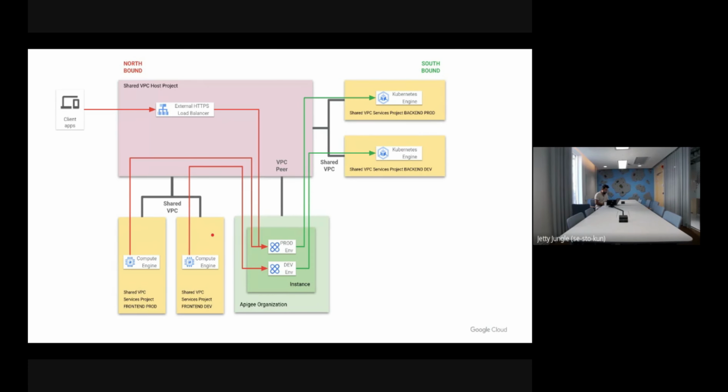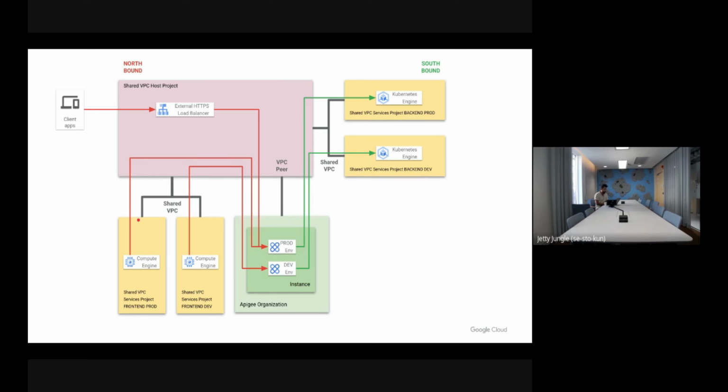Now, in this architecture, we have these service projects which are trying to access the API. So we are talking about any API consumers that are internal, but these consumers might be in a different GCP project.